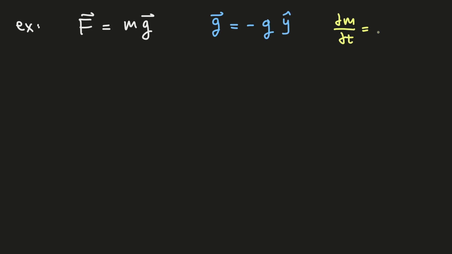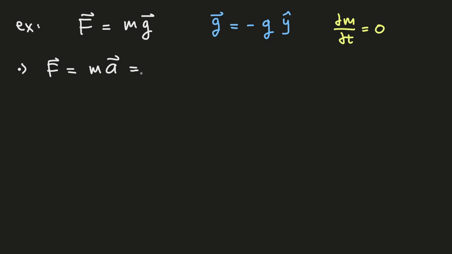For example, I have total force equal to m multiplied by the g factor, where the g factor is equal to minus g in the y direction, in a closed system where the first derivative of mass is equal to 0, or just normally a gravitational motion near the surface of a planet.